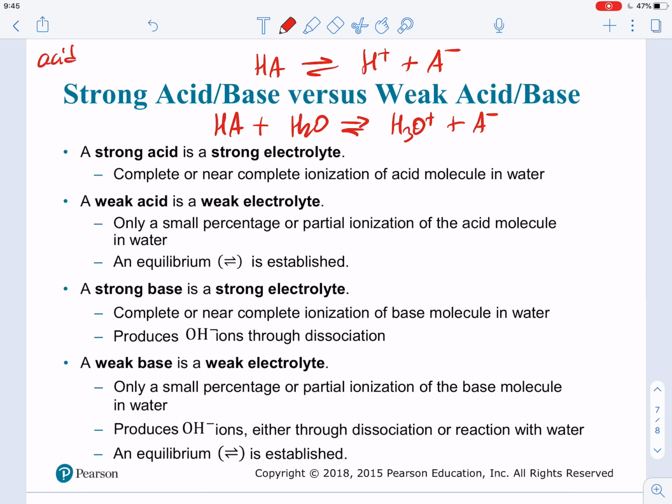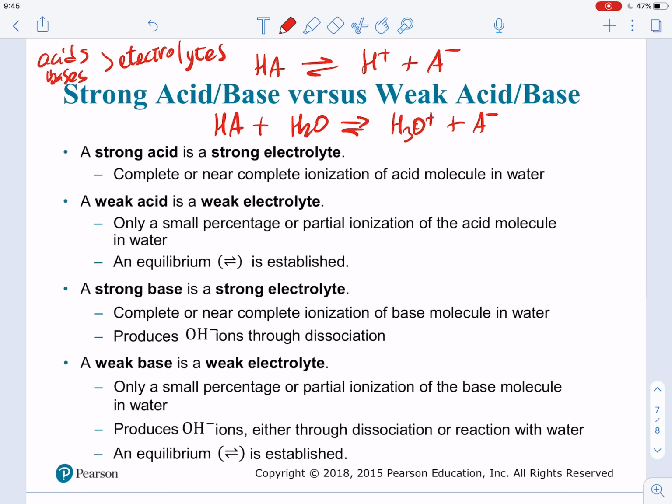Acids and bases are electrolytes, and they are electrolytes because they generate ions in solution. The concept of strong and weak electrolytes also applies to acids and bases. So a strong acid will be considered a strong electrolyte because when you put a strong acid in water, it will pretty much completely dissociate, completely separate into ions.